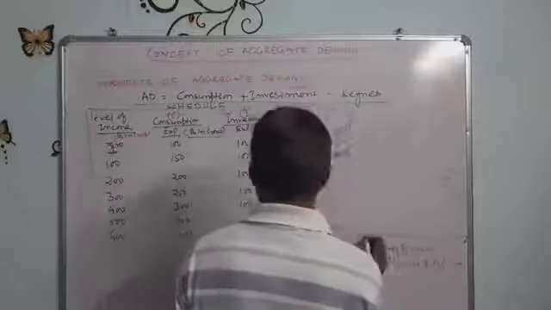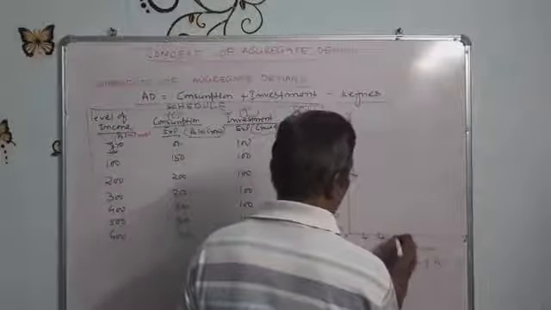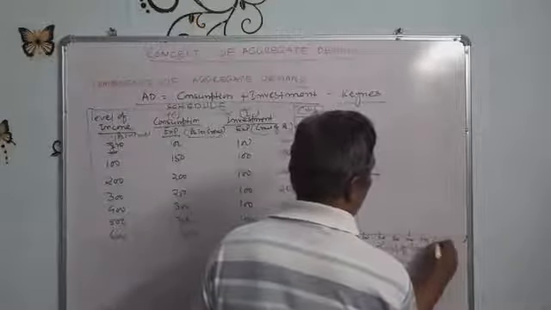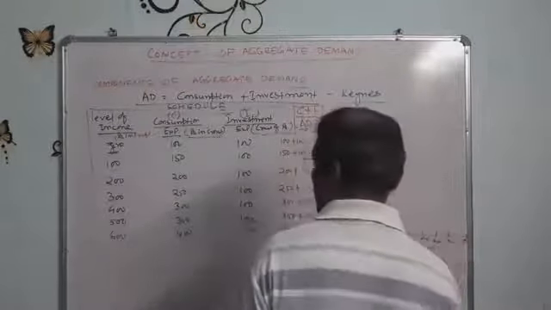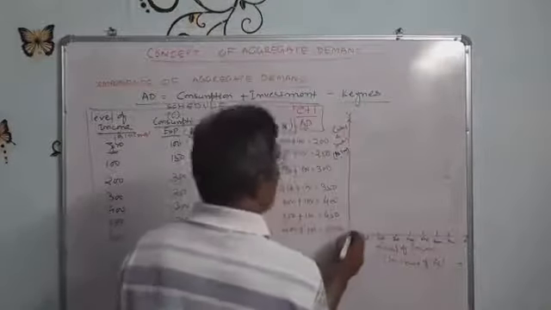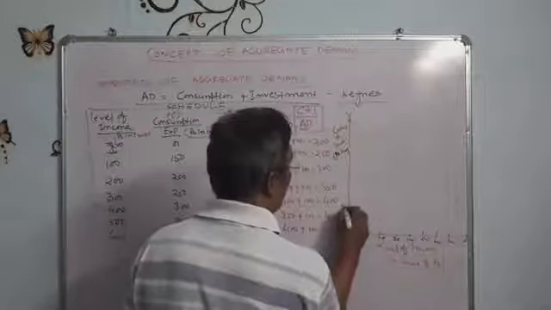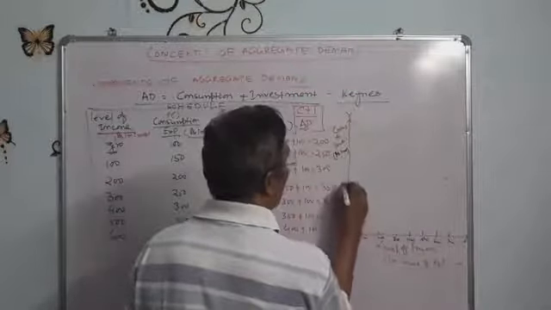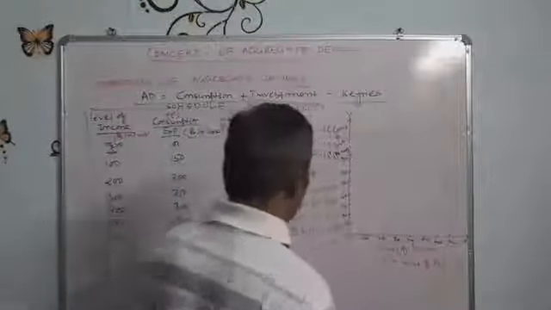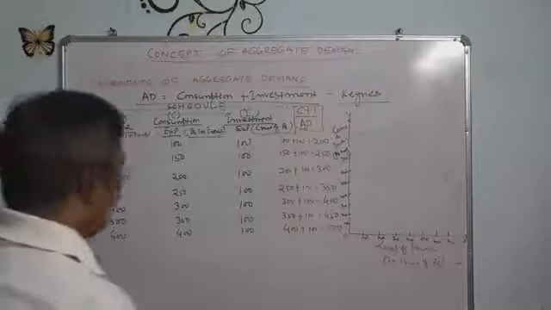Suppose 0, 100, 200, 300, 400, 500, 600, 700 like this, and on the Y-axis also 100, 200, 300, 400, 500, 600 and 700 like this. Zero level of income.